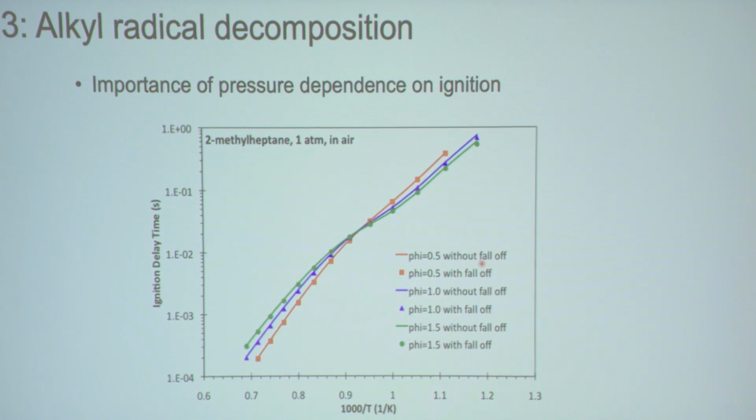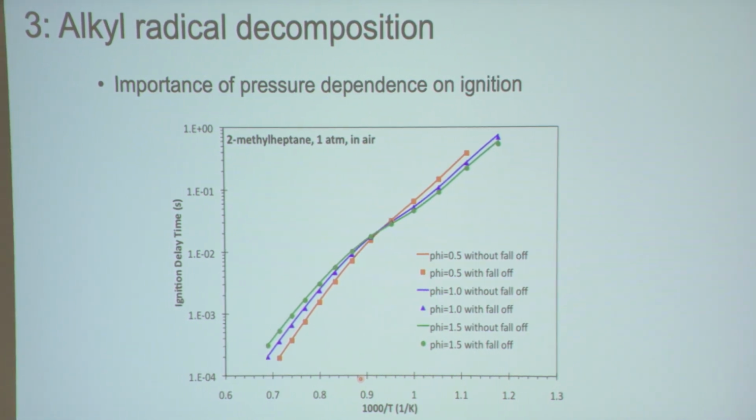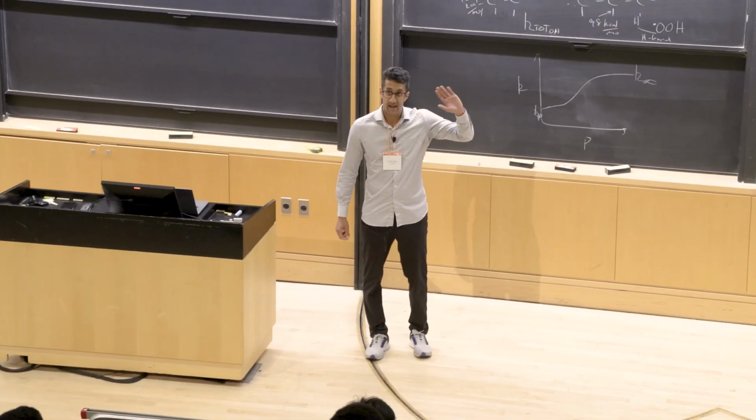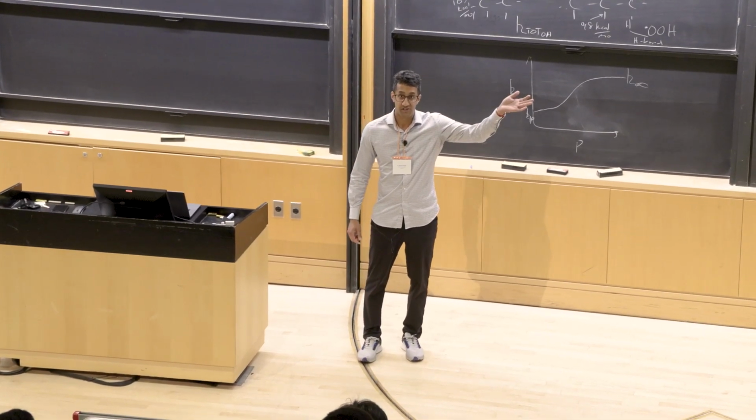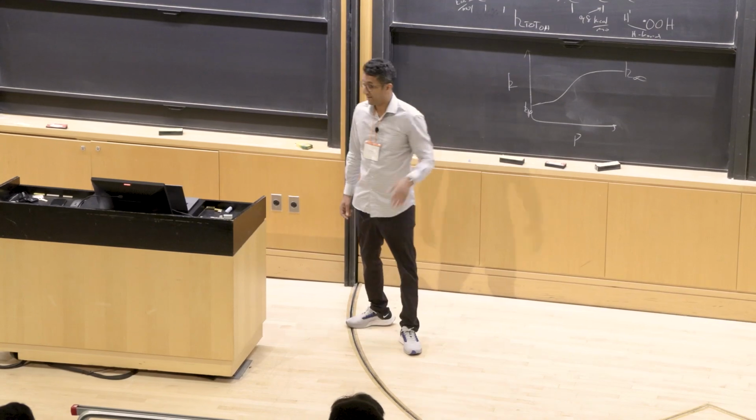So the lines are without fall-off, meaning no pressure dependence, and the symbols are with fall-off, at different equivalence ratios and different temperatures, and all the curves are pretty much the same. There's no effect really of pressure as it manifests itself on the ignition delay time.